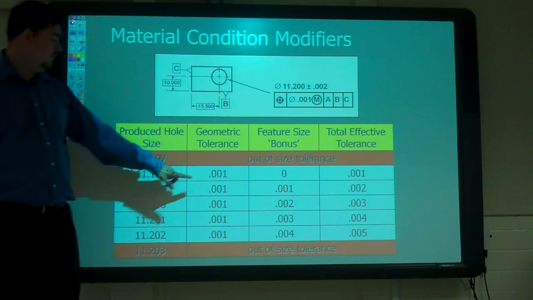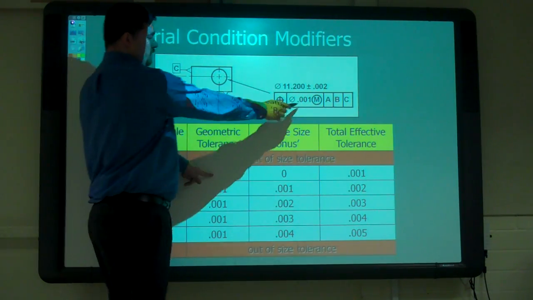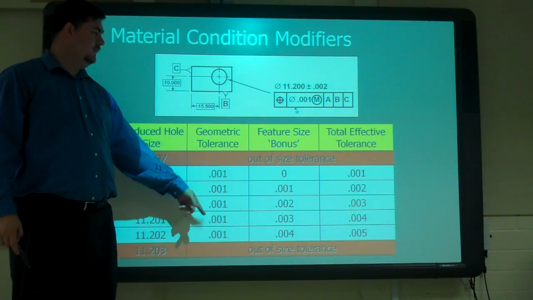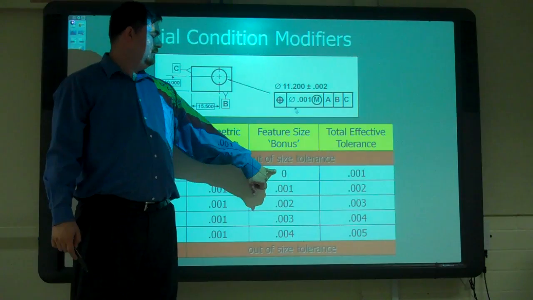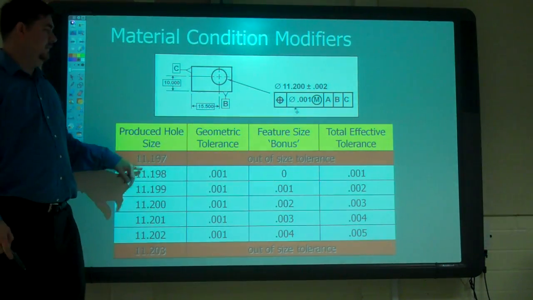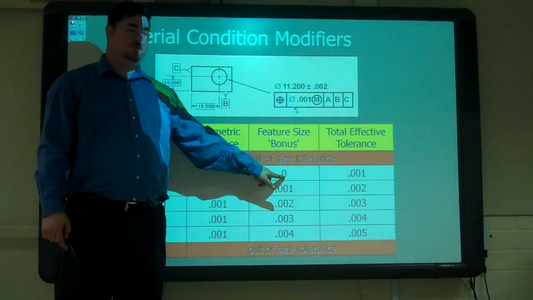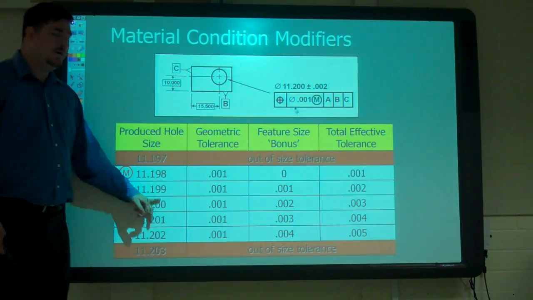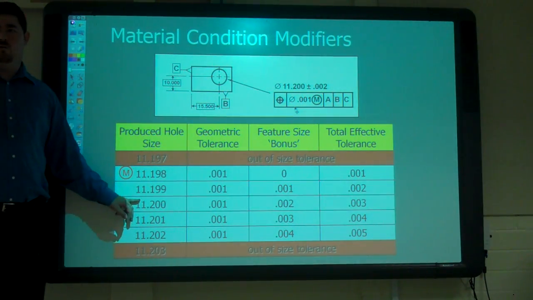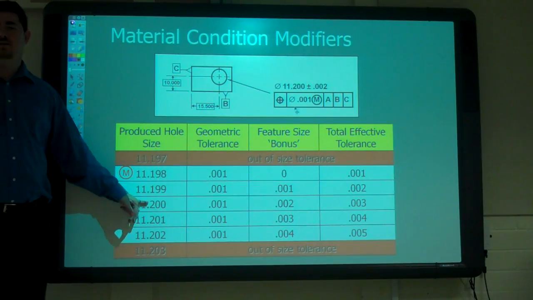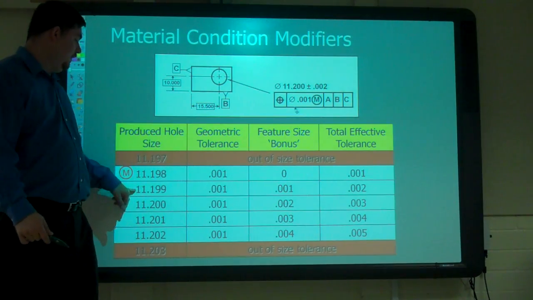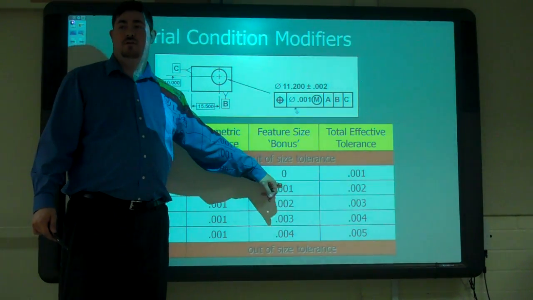So here we have our tolerance, 1/1000. It's still here. And our bonus tolerance, at MMC, we have 0 bonus tolerance. If we get bigger, so we're moving away from maximum material condition, we get the same amount of space that we move away as a bonus tolerance.